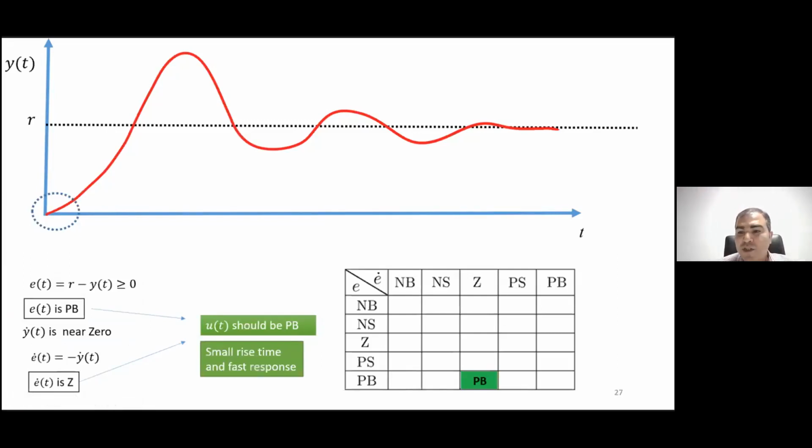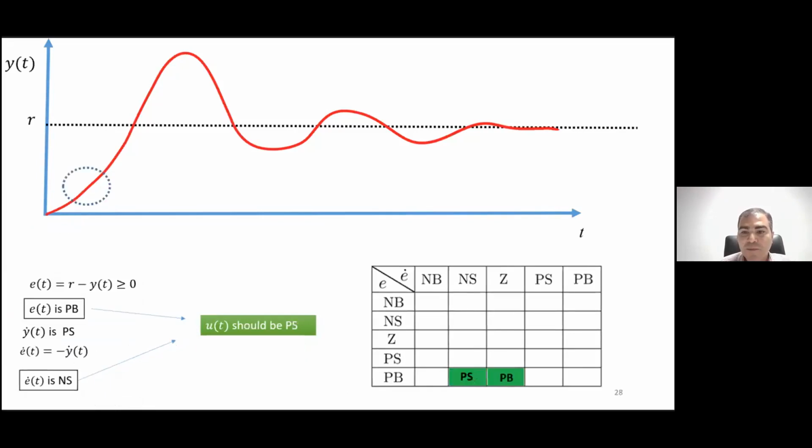In this situation, the controller with a high value should move the output towards the reference in order to have a fast response and a small rise time.